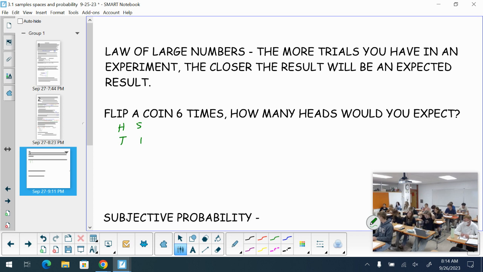4 heads and 2 tails. 4 heads, 2 tails. 4 heads, 3. 1 head, 5 tails. 4 heads, 2 tails. 6 heads and 0 tails.